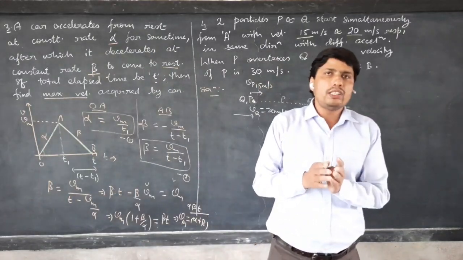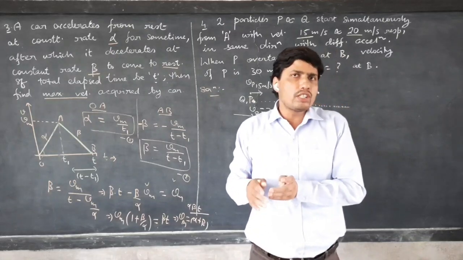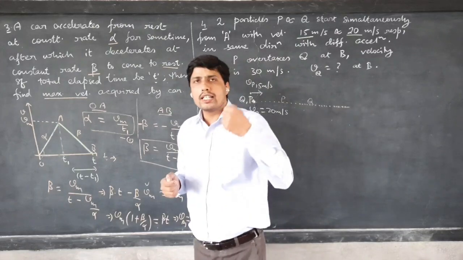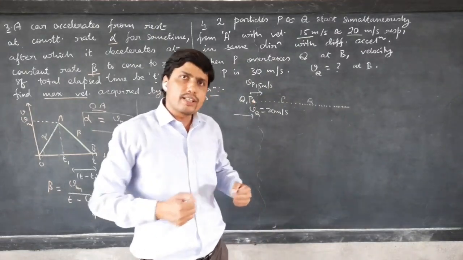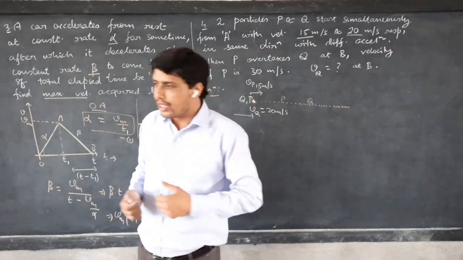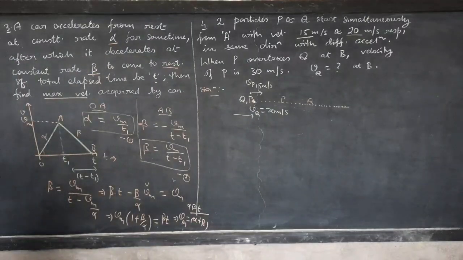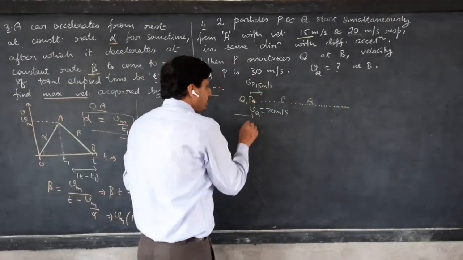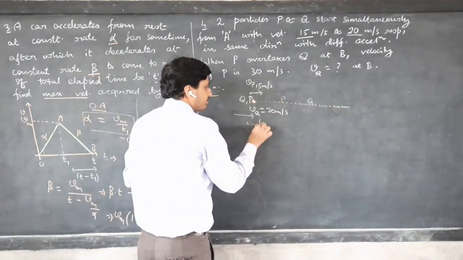Initial velocity of P is small. It starts with reduced velocity. So in order to overtake Q, it must have greater acceleration. If it has greater acceleration, after some time its velocity will increase to a value greater than that of the other particle, and then it can expect to overtake. So this is the initial condition.